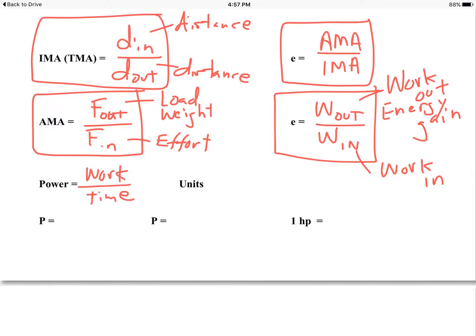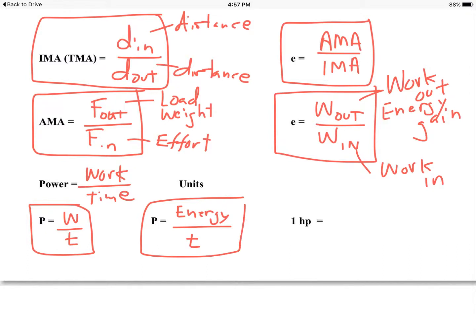Symbolically, it's either W over T, that's your power, or it's your energy over T, T standing for time. So the units for power are either your energy units or work units, which are the same, which are joules per second. Those are the units for power, a joule per second. And we call a joule per second a watt.